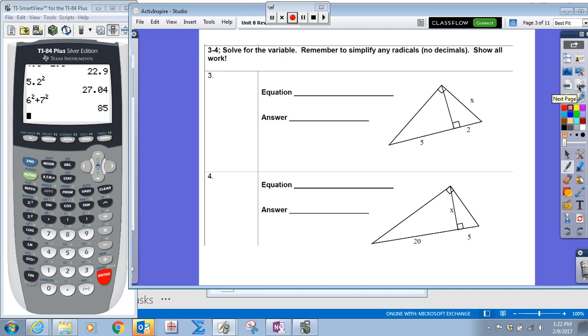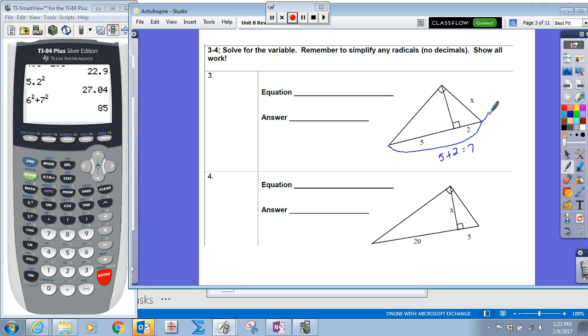Okay, number 3, it says solve for the variable, remember to simplify any radicals, don't use decimals, show all your work. Okay, so on this one, you would need to do the bunny, where to solve for x, you would run all this way right here, which is going to be 5 plus 2, which equals 7.